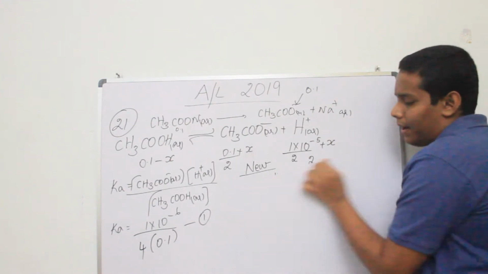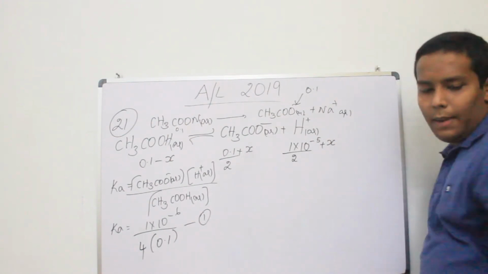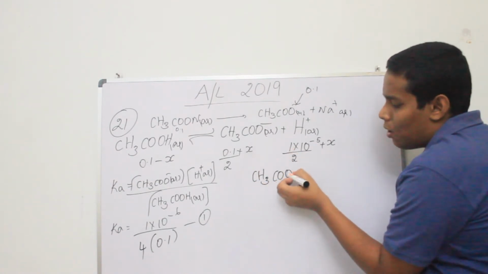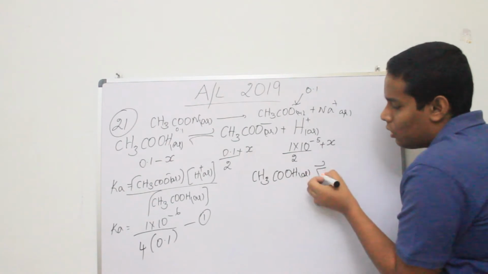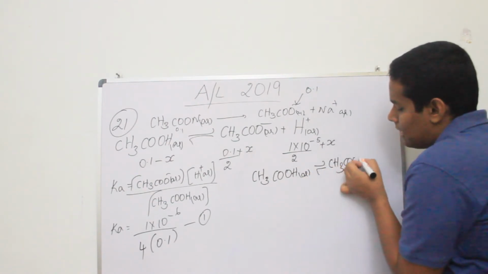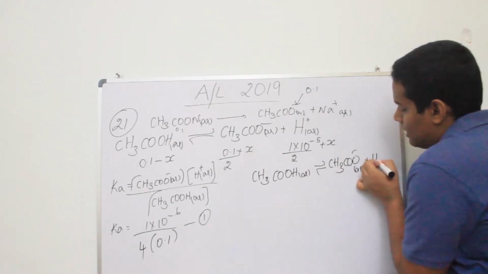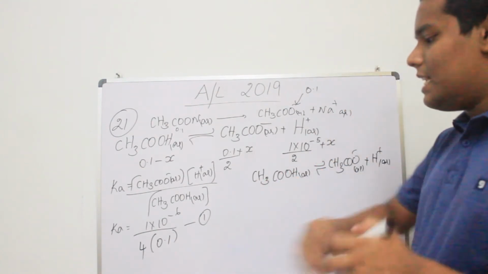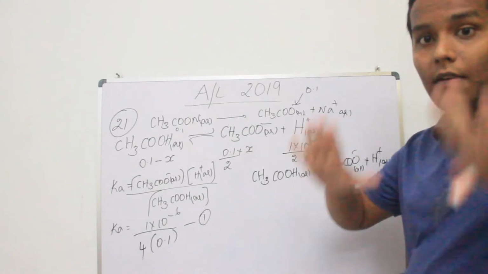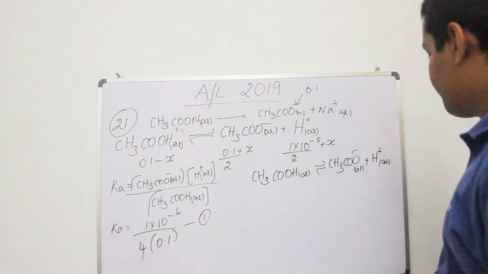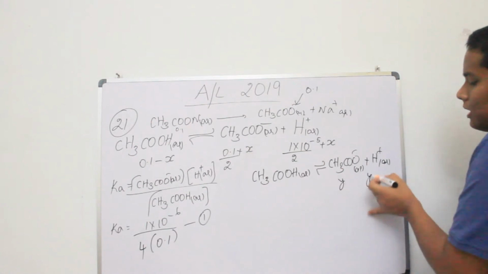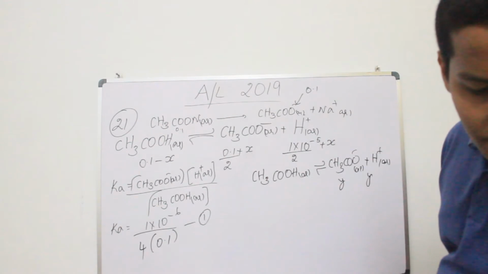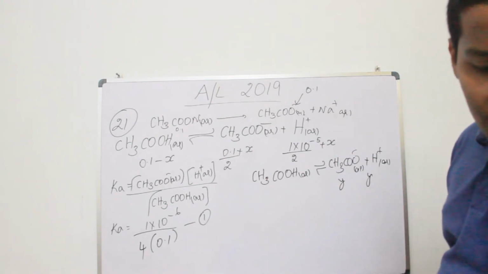So if I consider it as Y squared, the new equilibrium is like this. Look at this. CH3COOH aqueous giving you CH3COO minus aqueous plus H plus aqueous. So in the new solution, the new mixture we have, the initial one is done and dusted, finished. Here we don't know this, but we know that 0.1 mole per cubic decimeter of the weak acid solution.